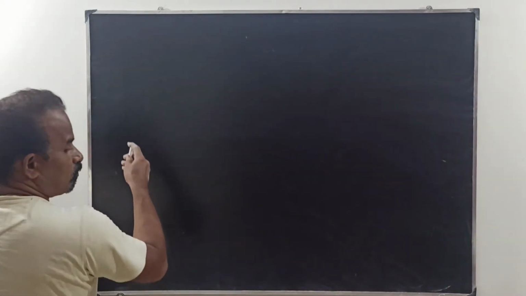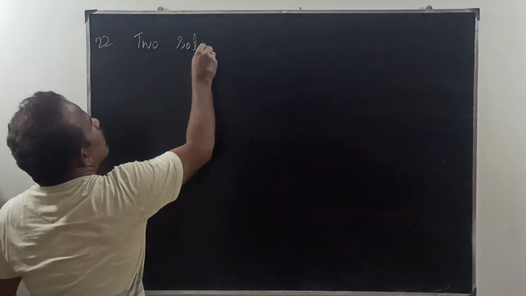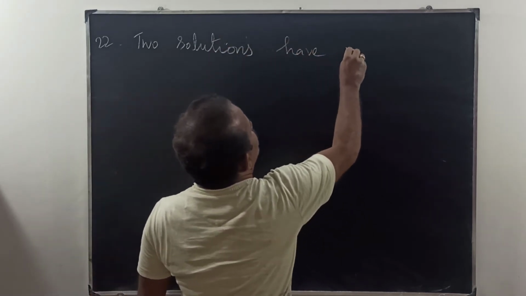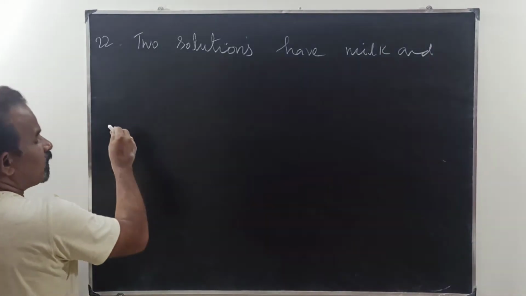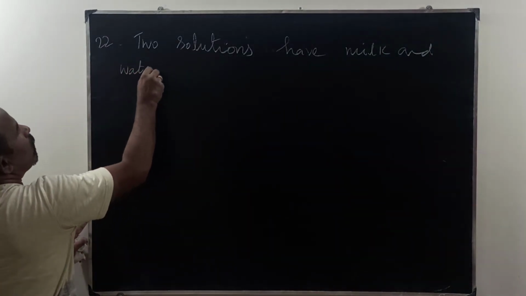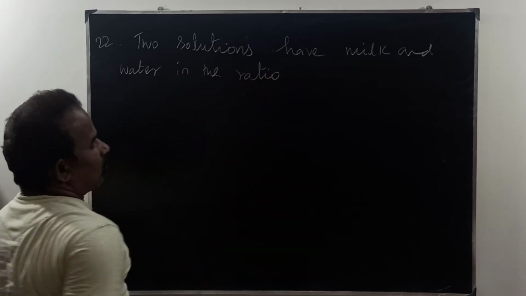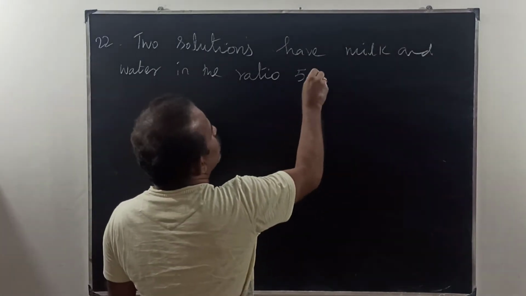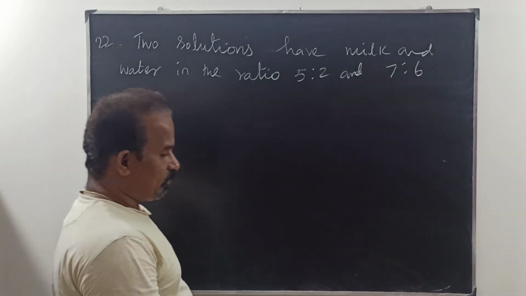The next question is, two solutions have milk and water in the ratio 5:2 and 7:6.